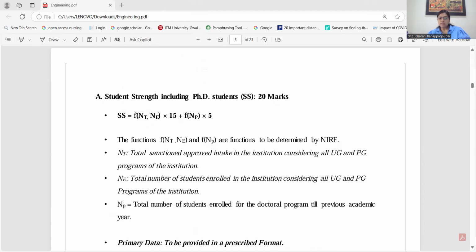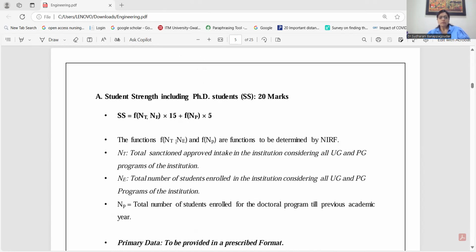Now, in this formula, F has no fixed value, but it is a ratio, a function that depends on the data provided by the institutions. Hope I am clear at this point.